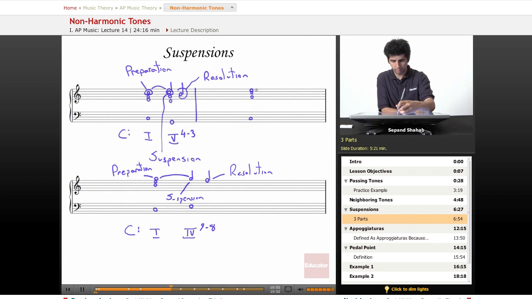So we're going to move this E, C to a 2/6. So an F here.